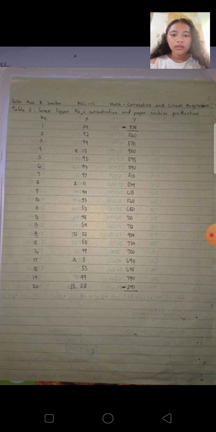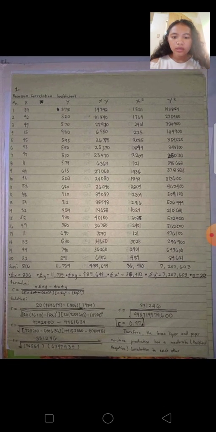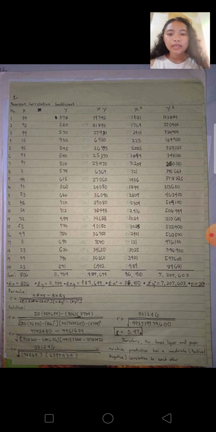So, let's proceed to the second slide. This second slide represents my Pearson correlation coefficient, or this table is the complete set of variables, and I computed the x, the xy, the x squared, and the y squared.